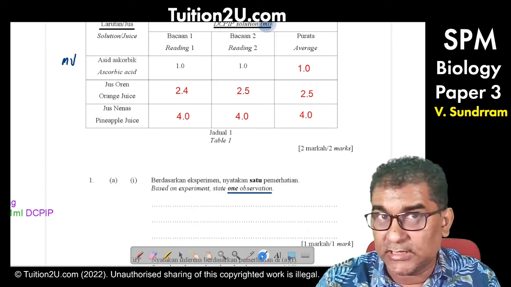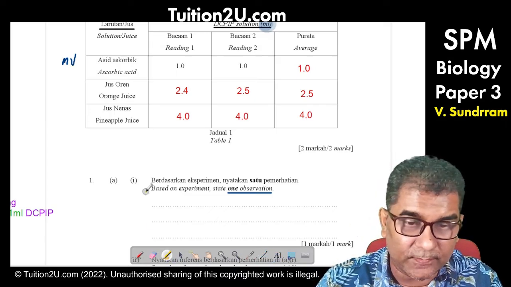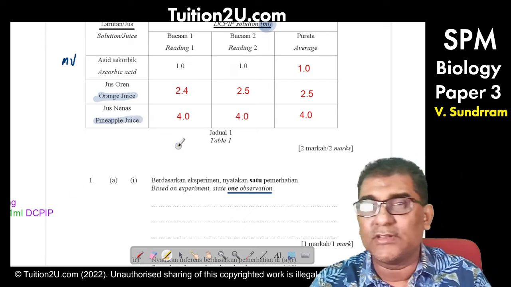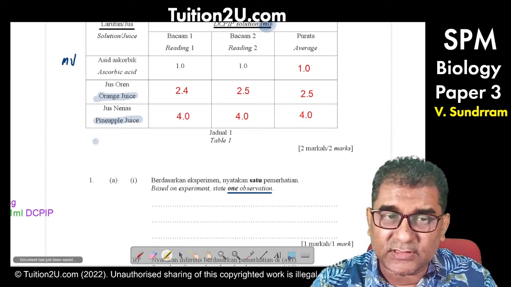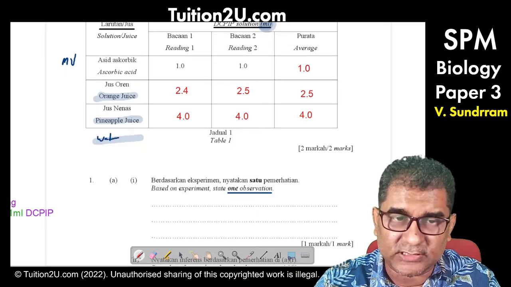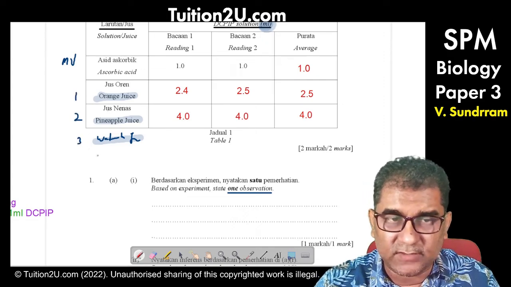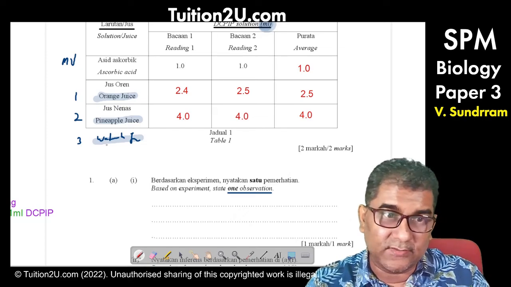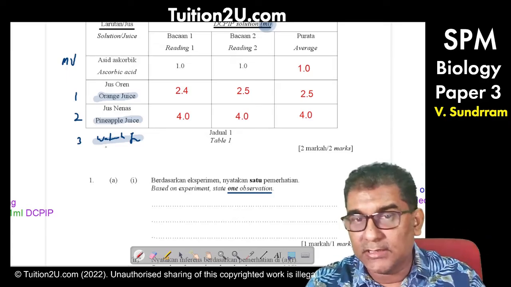So in this experiment, we have only 2 data. One data is for orange juice. There's another data for pineapple juice. So we have only 2 juices. You can use either one. But let's say if you have 3 data, maybe let's say watermelon juice, for example. So if you have 3 data, preferably, I think for the new syllabus it doesn't matter, but preferably use the highest or the lowest.